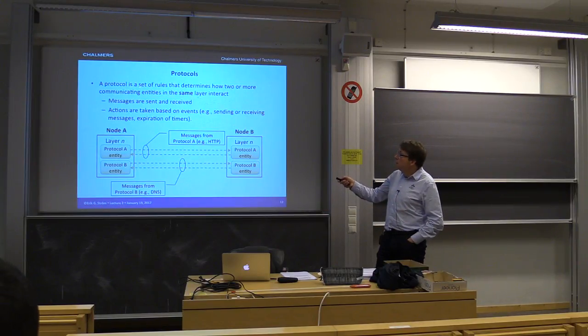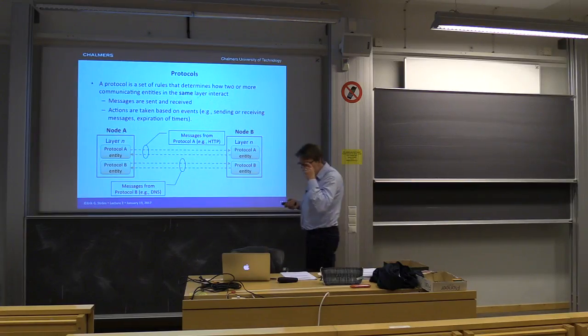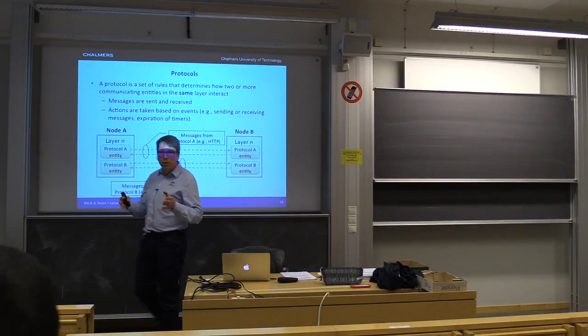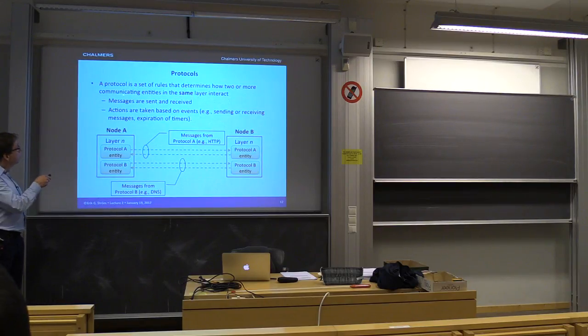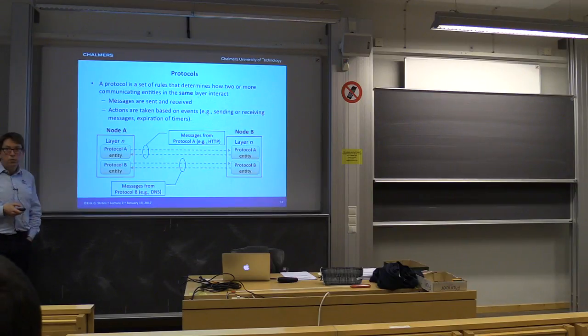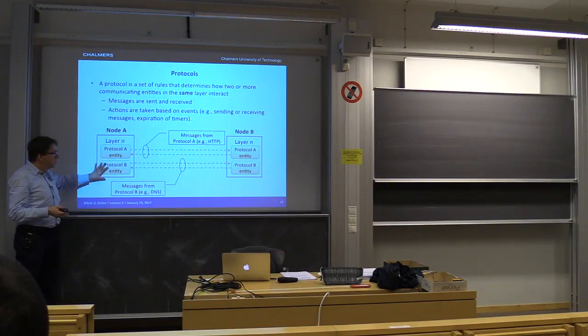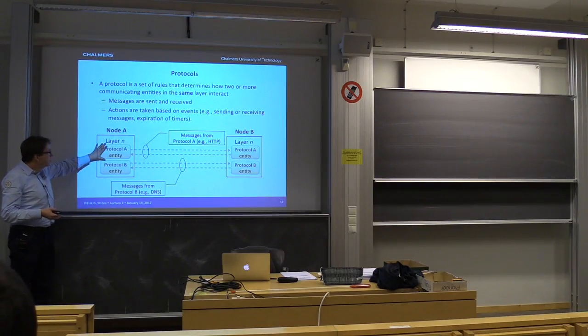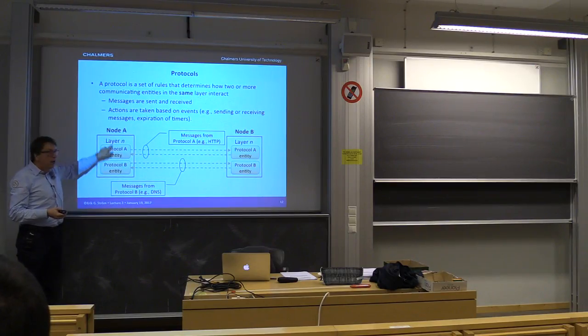So remember that a protocol is a set of rules that defines how two communicating entities are exchanging information with each other. So they are communicating and they are placed in the same layer. So this is important. When in a protocol stack we have a layer here, the protocol entities here are, of course, communicating up and down in its own protocol stack.